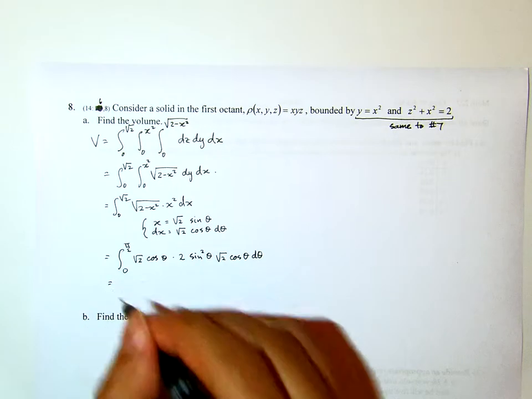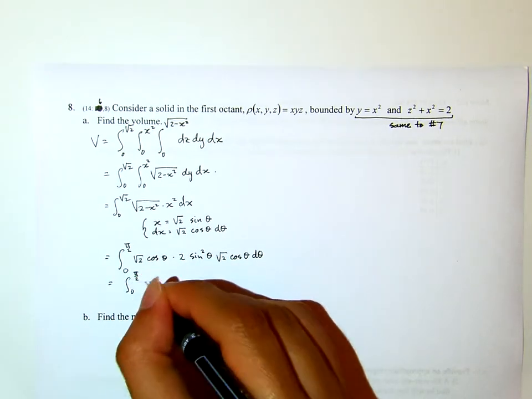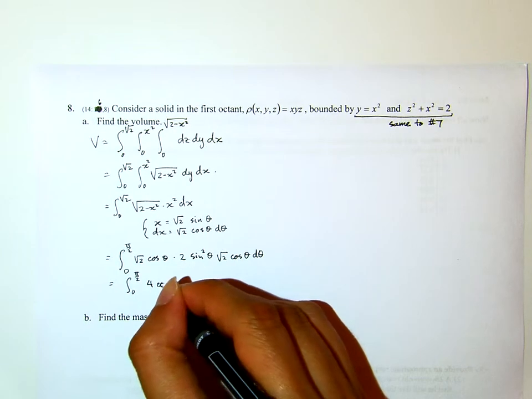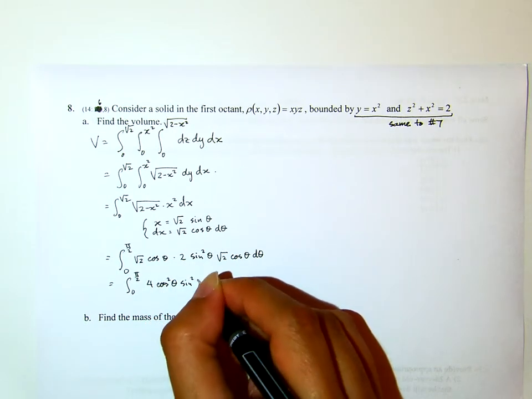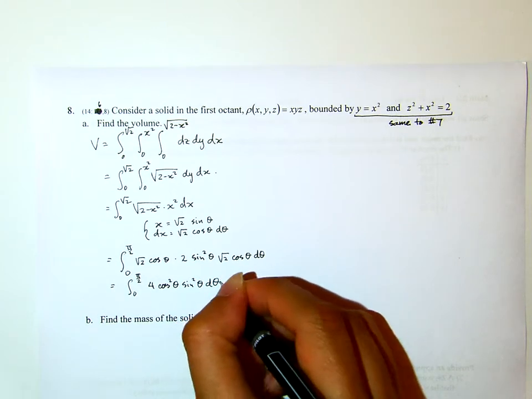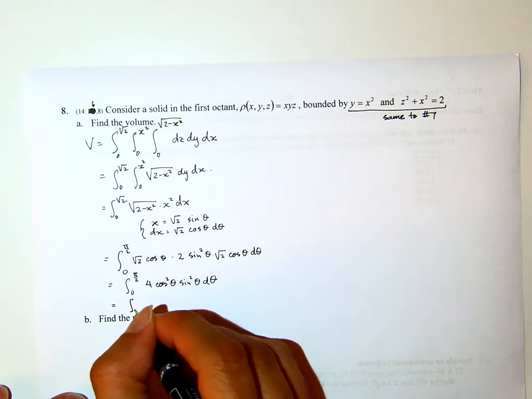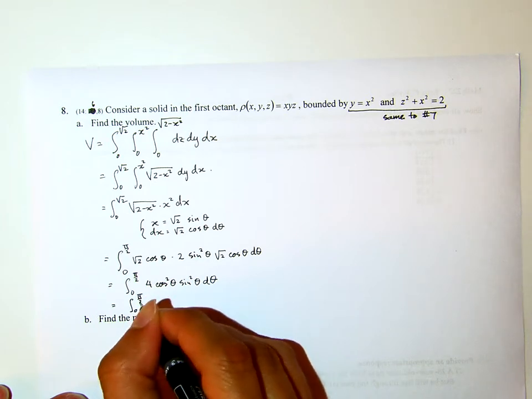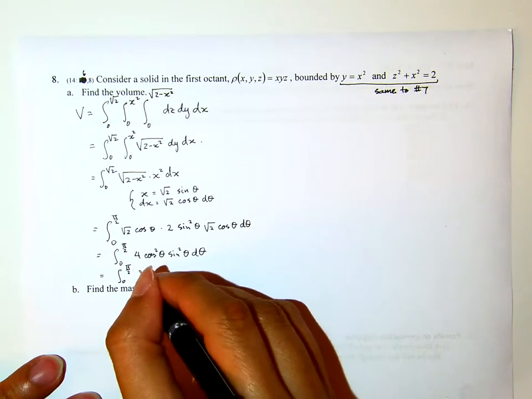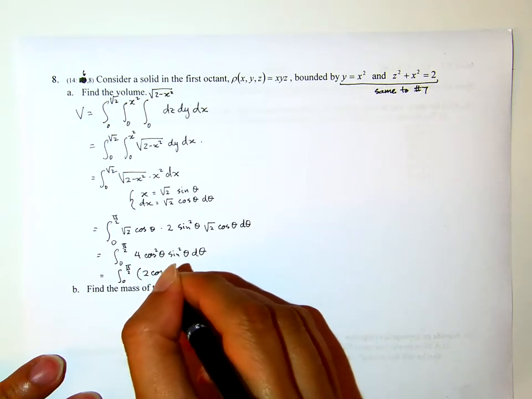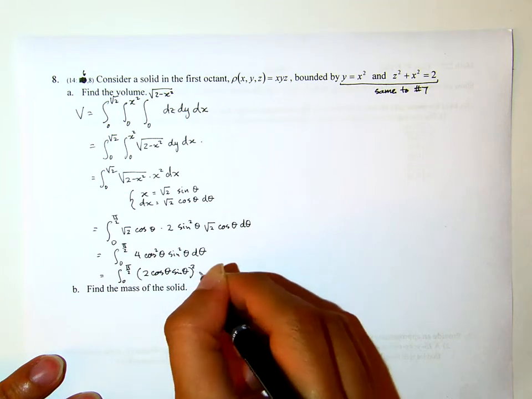Now if I put them together, this is the integral from 0 to pi over 2 of 4 cosine squared theta sine squared theta d theta, and it happens to be a nice one. I put this together as the integral from 0 to pi over 2 of (2 cosine theta sine theta) squared. I hope you know where I'm going.